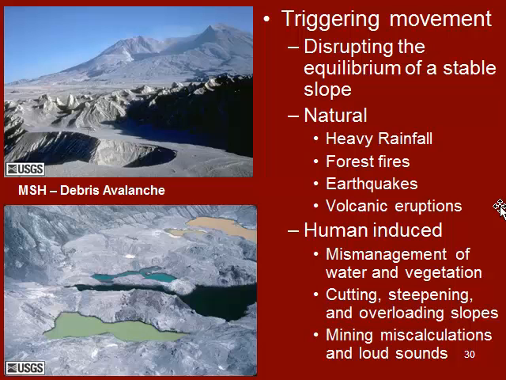Construction of houses and roads and other buildings or infrastructure can cut into slopes and oversteepen a slope, or building on a steep slope can overload and increase the weight on that slope and in turn cause that mass wasting event. And then mining miscalculations, loud sounds, and explosions can also trigger mass wasting events as well.